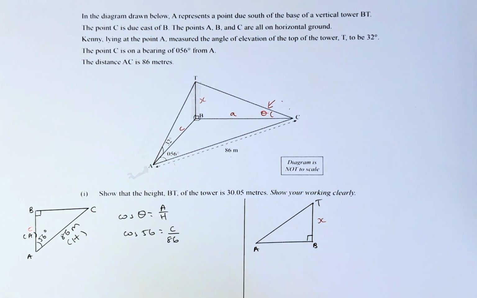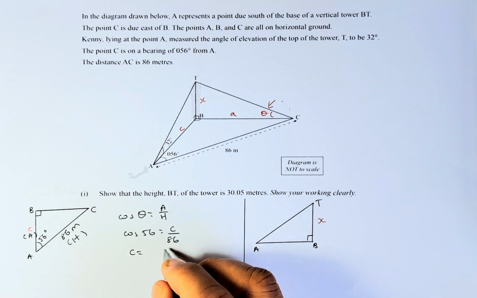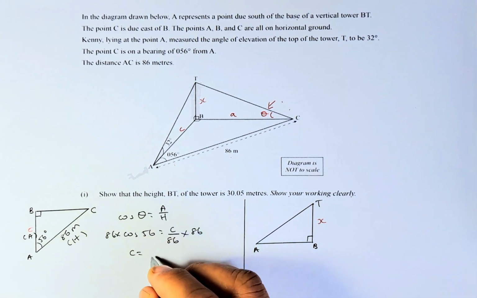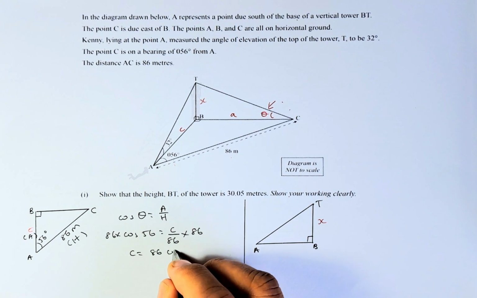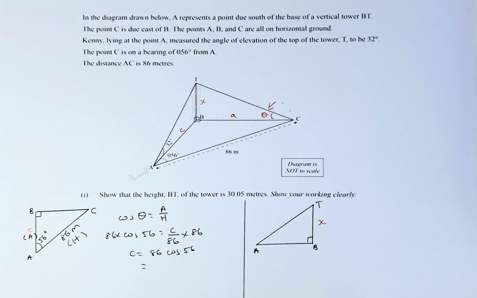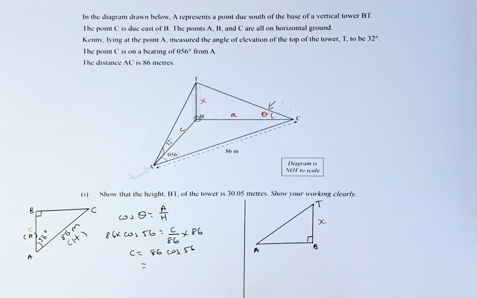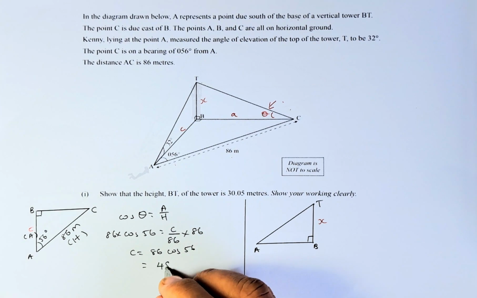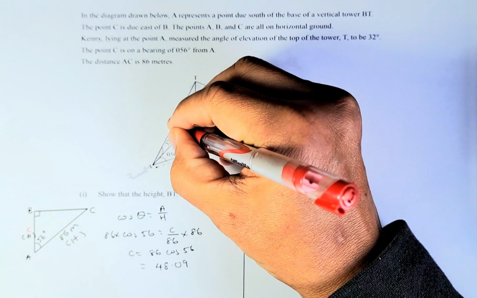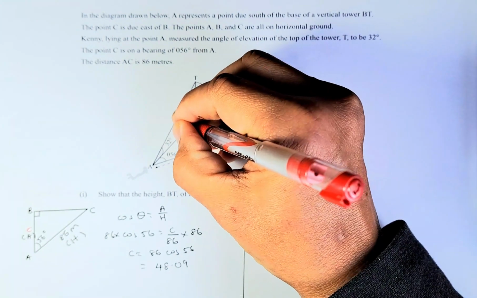Multiply by 86 on both sides, so C is equal to 86 cosine 56. Put it in your calculator, and the answer is 48.09 meters. So C is equal to 48.09, and I put that on the diagram.